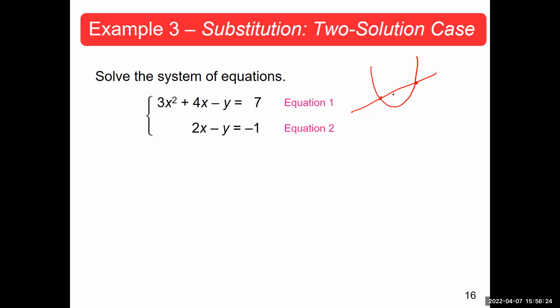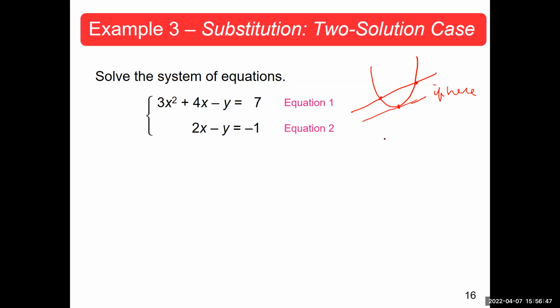Now, a different scenario may happen. What happens if the line is here? If here, you have only one, we call it double. Because if you move the line slowly down, down, down, they become on top of each other, it becomes 1 point.